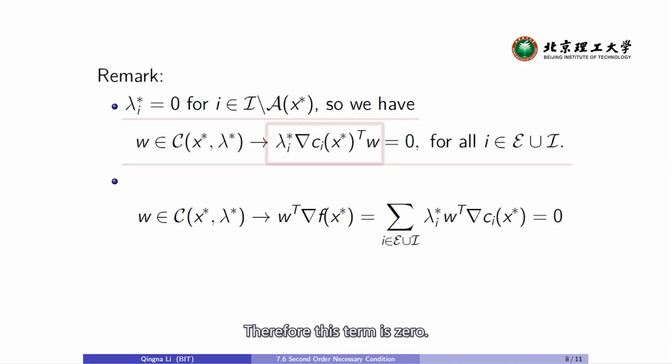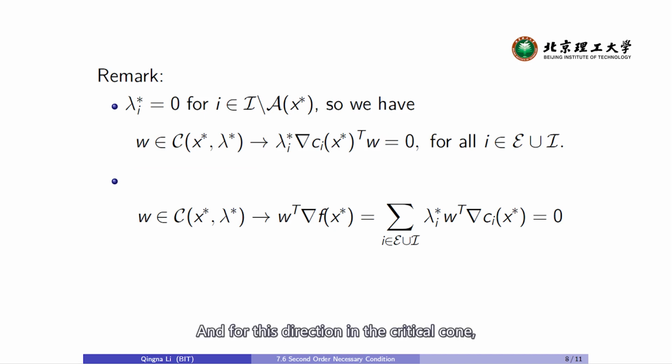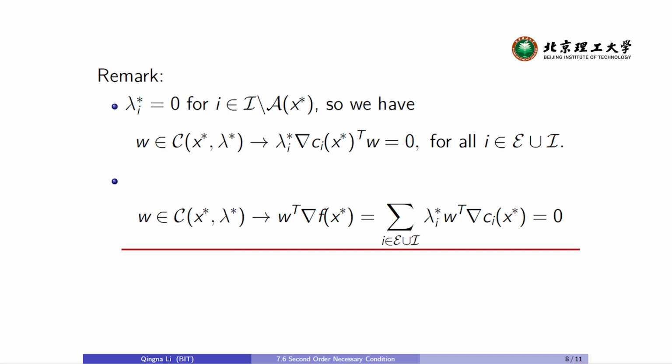Therefore, this term is 0. And for this direction in the critical cone, we do the inner product with the gradient of f. And we can see that the inner product can be represented in this term. This is from the first-order optimality condition.